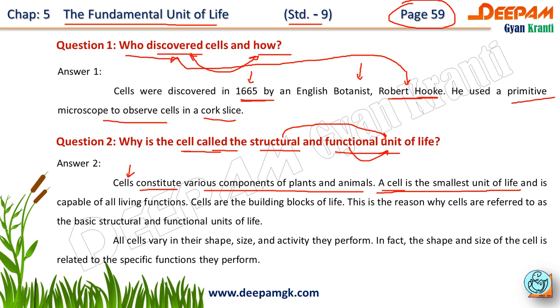A cell is the smallest unit of life and is capable of all living functions. Cells are the building blocks of life. This is the reason why cells are referred to as the basic structural and functional unit of life.